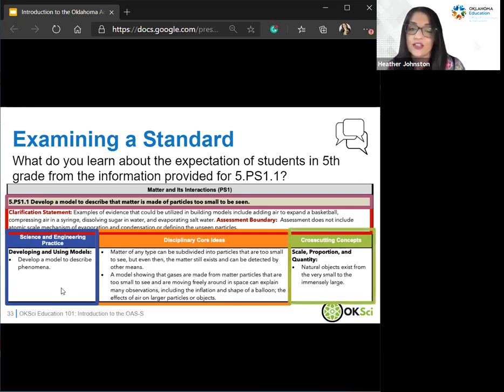And the final box is the cross-cutting concepts here, talking about how objects exist from very small to very large. So we're looking at scale here, which also supports that performance expectation of particles being too small to be seen. And so you can see how the 3 of these foundational boxes down at the bottom are all tied together in that one standard.